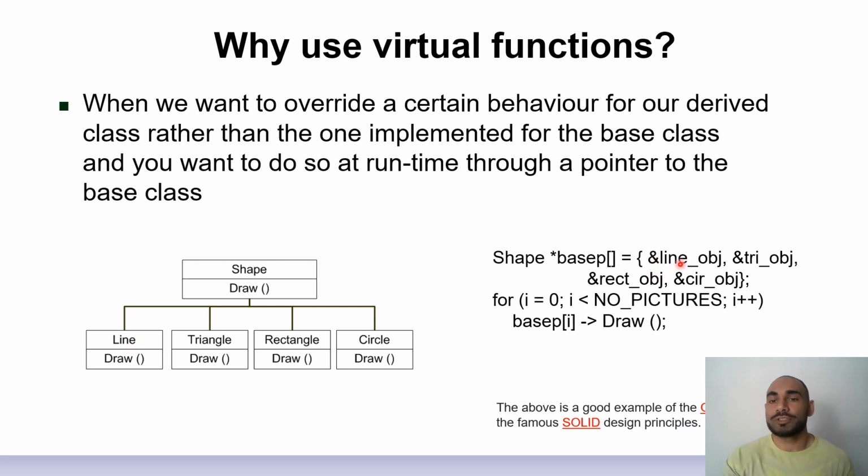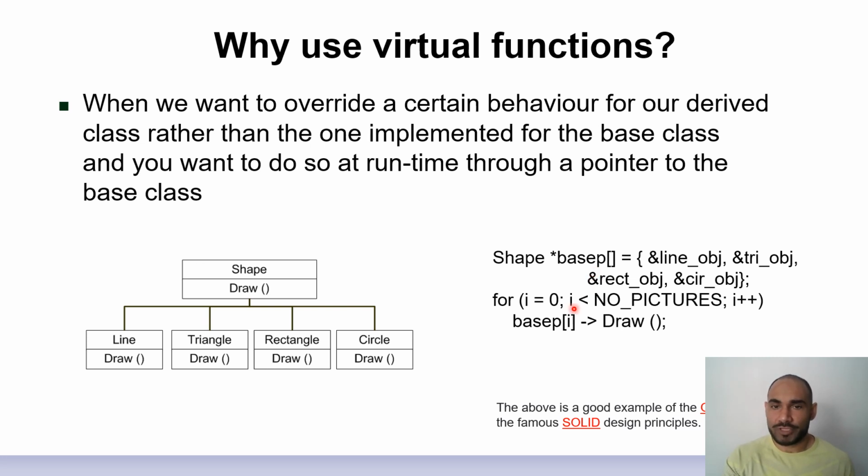So line obj, for example, is an object of this line class, and then the second item of this array is the address of a triangle class object, and then an address of a rectangle class object, and an address of a circle class object. So this is how this array of pointers is defined.